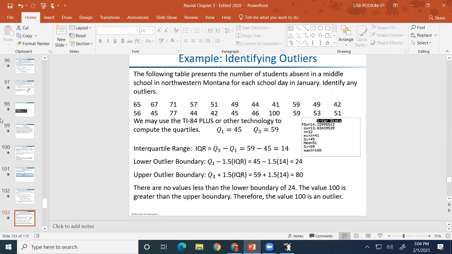So the interquartile range is 14. From here to here, it's 14 units. All right. Now, multiply that by 1.5. We don't show you, but 1.5 times 14, I think that's 21, right?